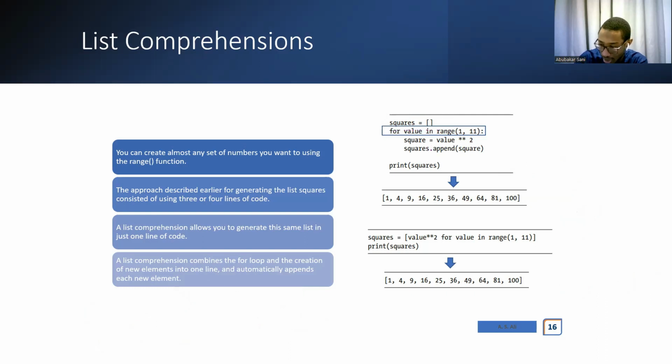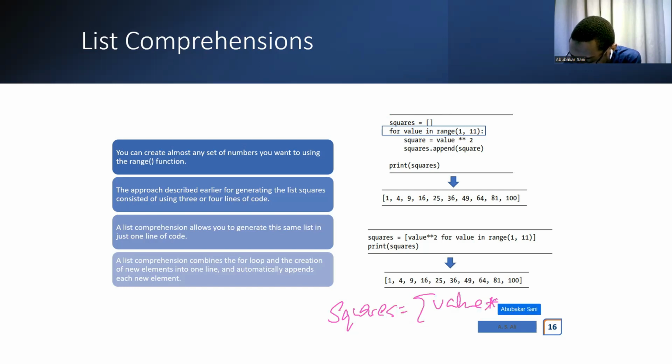Okay, so what we are saying is, using list comprehension, all these lines you see here, we can summarize into one single line. So for squares, which was an empty list, we can just put this expression, value squared. The for loop comes after. So what we are saying is squares is going to be populated with value squared.